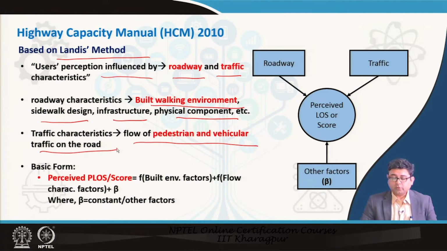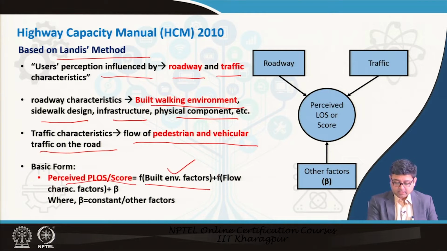So, overall, if you think about what form or what equation we use, how do you determine pedestrian level of service or score? It is a function of the built environment factors, plus an additive function of the flow characteristics, and then you always have a constant or the unexplained part of the equation.